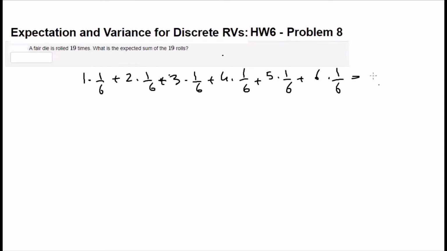And we know this by heart. It is 3.5, the average expected value of a single die roll. And we do this experiment 19 times. So if we multiply 19 times the average value of a single die, we obtain 66.5, which is the expectation of the sum of the 19 rolls.